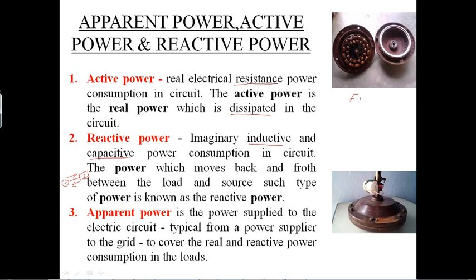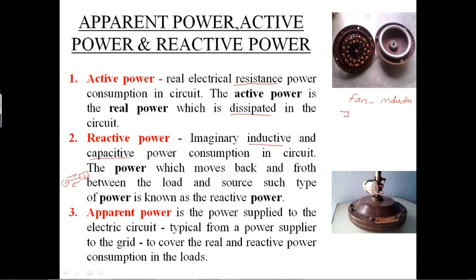This is a fan load I'm talking about. How do we make a fan? It works on the principle of induction, right? A motor, we will talk about that later. I'm just telling you the crux of the requirement of active and reactive power.